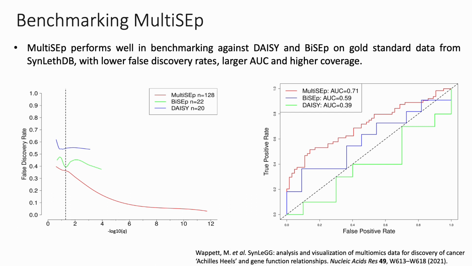The MultiSEp algorithm was compared against DAISY, which is a gold standard method in the literature for predicting synthetic lethality, and BiSEp, which was the precursor to MultiSEp and looks at two expression modes to predict synthetic lethality.